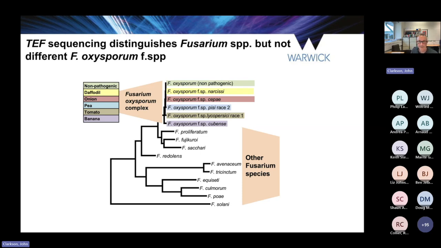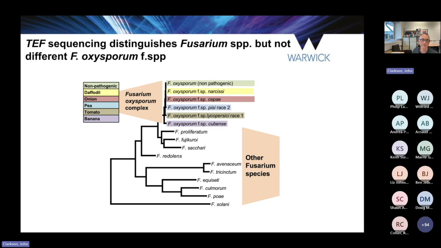And then sometimes you can develop a specific PCR from the differences in that sequence. Now, the problem with Fusarium oxysporum is it is a species complex, and they're all very closely related. So we find that if we sequence the TEF, we can distinguish different Fusarium species quite well. So you'll see in that family tree of Fusarium some other species at the bottom there.